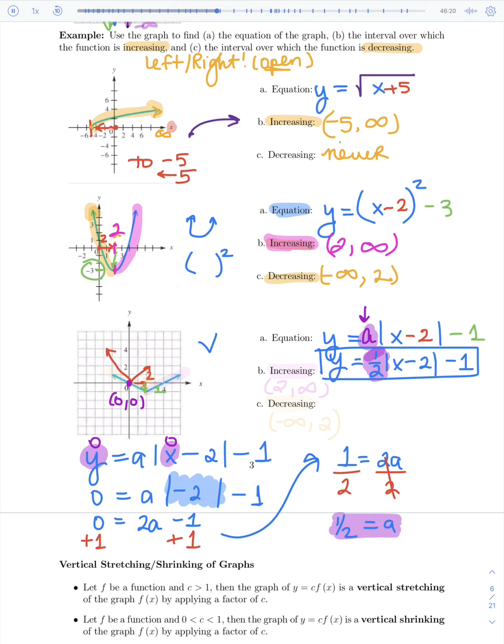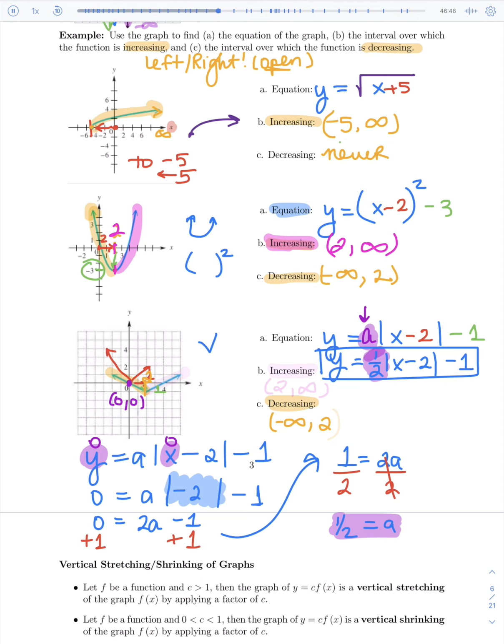For increasing and decreasing, let's talk about decreasing first. If you trace your graph from left to right, what you should notice is you're going down first. So what will that look like for your decreasing interval? For decreasing, it'll look like negative infinity to where you stop here at 2, because you're reading it from left to right.